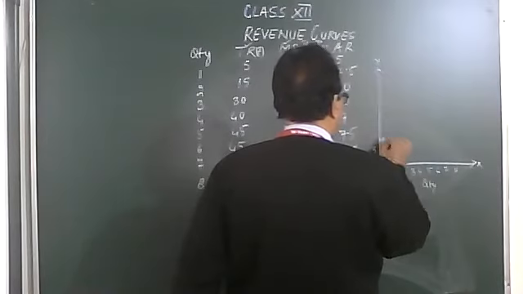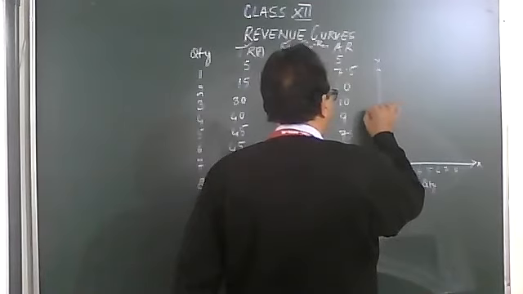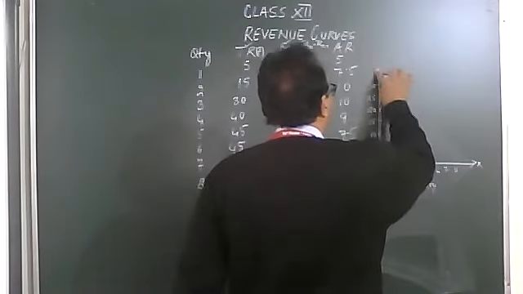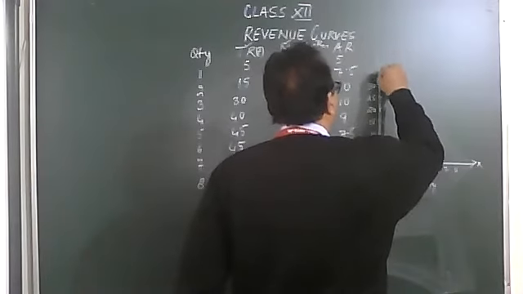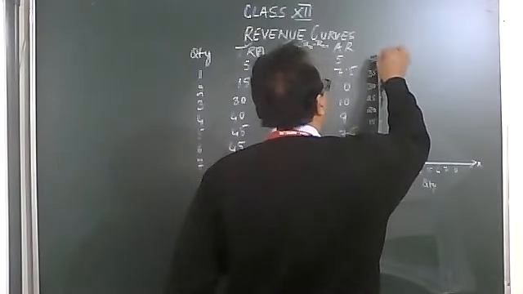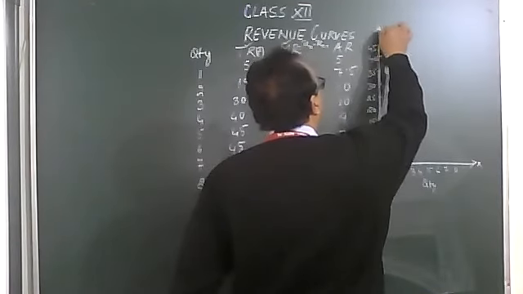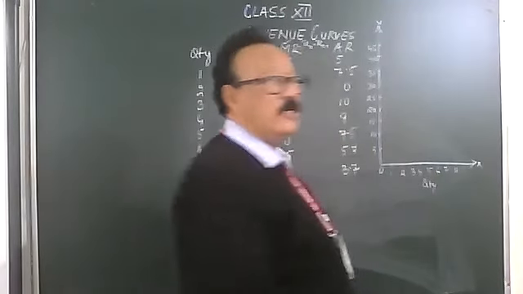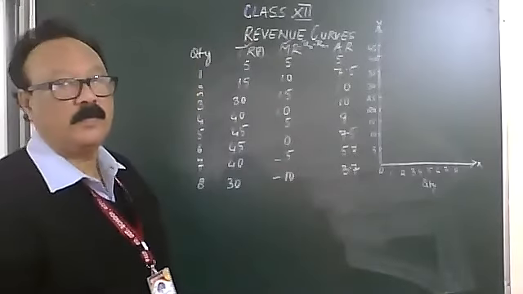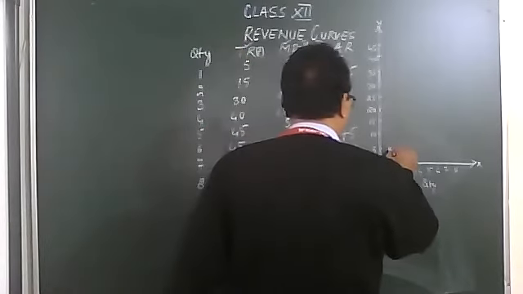We take the fives: 5, 10, 15, 20, 25, 30, 35, 40, 45. Now children, using a pencil and your scale, plot the TR. Simple. When it is 1, it is 5.